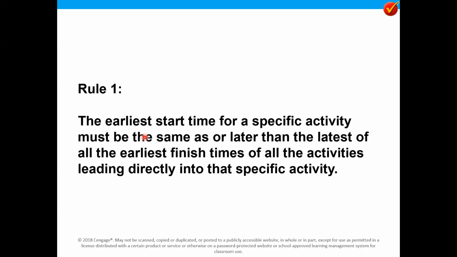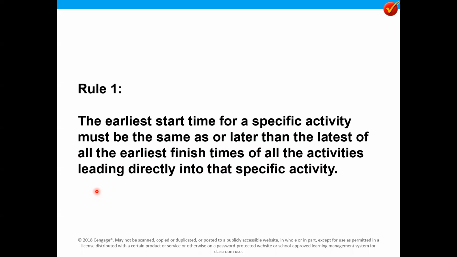The rule is easy. The earliest start time for a specific activity must be the same as or later than the latest of the earliest finish times of all the activities leading directly into that specific activity. It is a little longer to read, but the practical implication is quite straightforward.